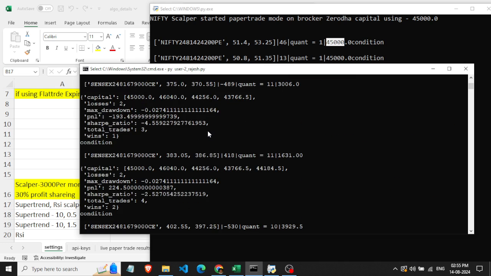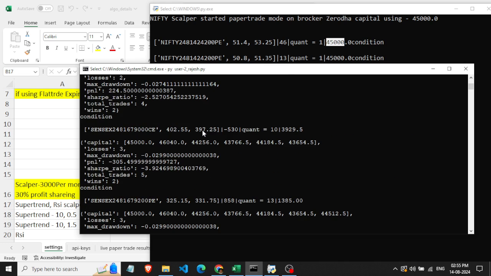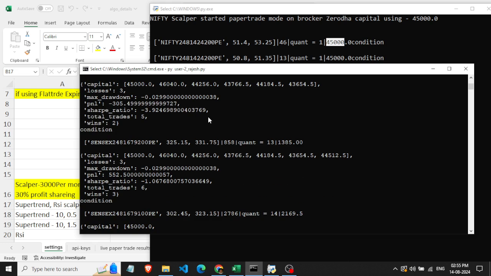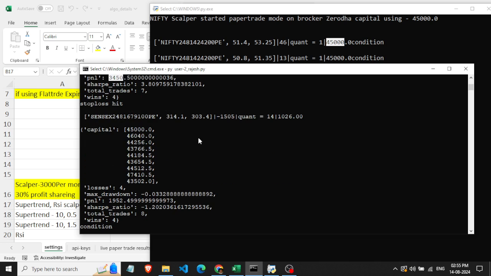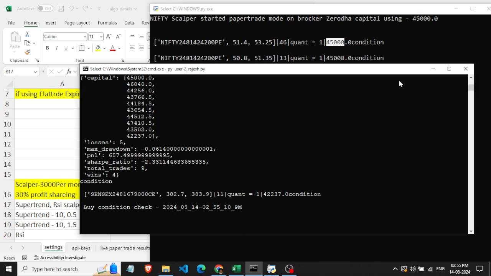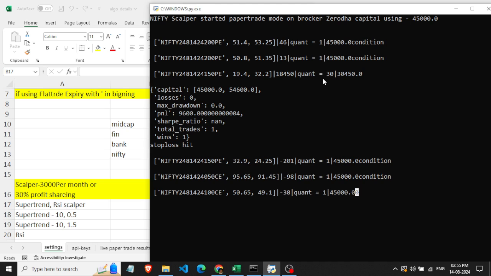In the morning, we ran the algo live. Now everything is in paper trade mode. Here it is running at 3,500 profit today. So here you can see we will take one quantity first. This quantity will not be placed in the broker account.